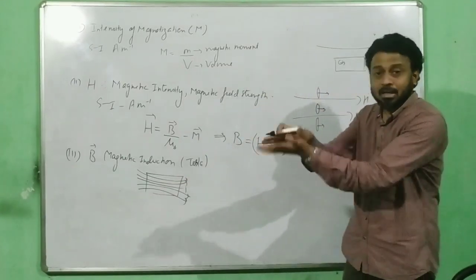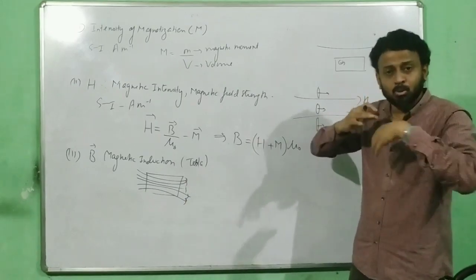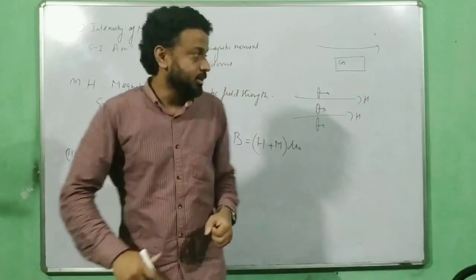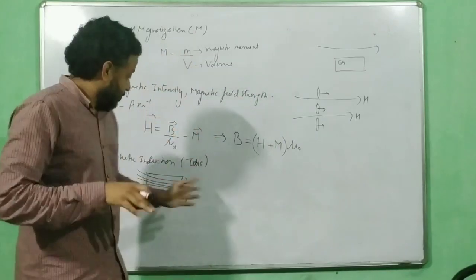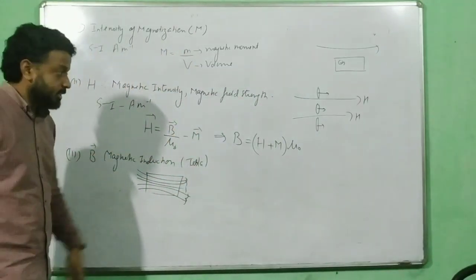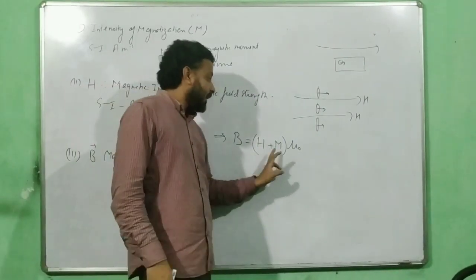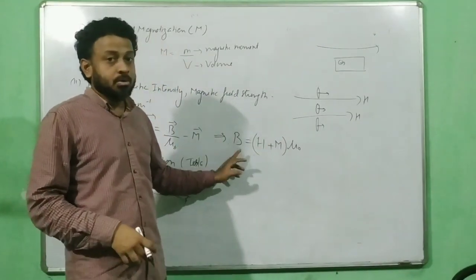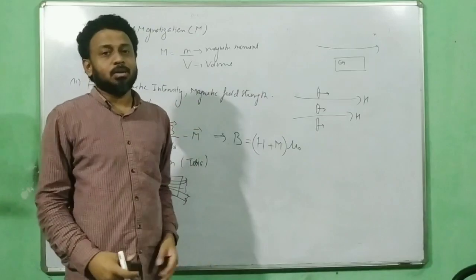More packed means better alignment, more magnetic moment per unit volume. So B is the total inside a substance, H is the external part, M is the internal component. Internal component plus external component equals total component. This is how you have to remember it.